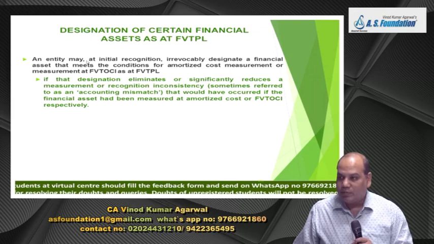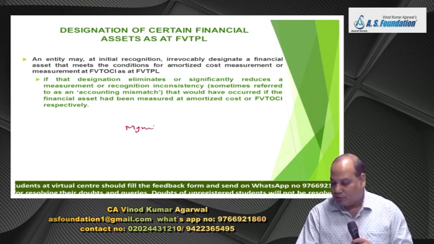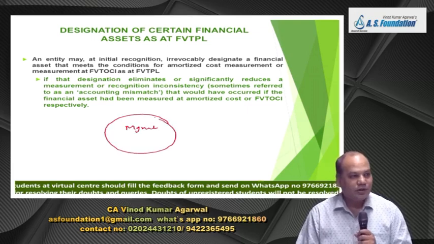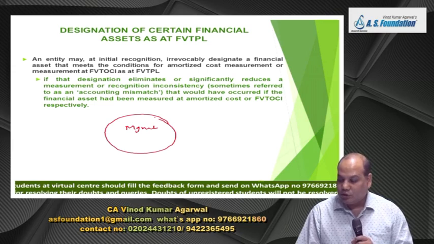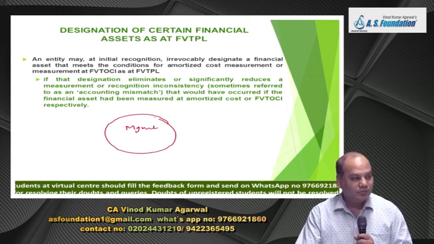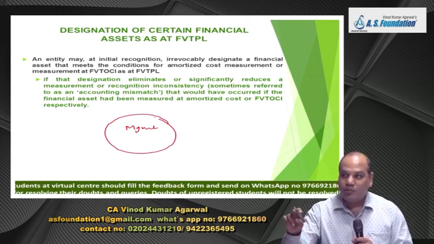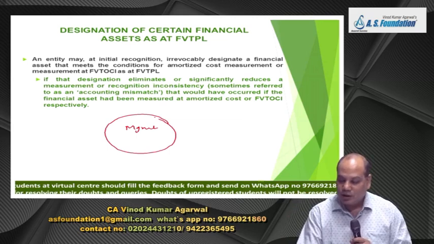An entity may, now see this paragraph, the management, entity means the management, is given a big power in this standard: you can designate any instrument as FVTPL, even though it may meet the definition of FVT OCI or amortized cost.